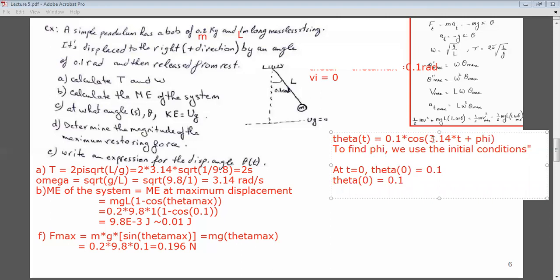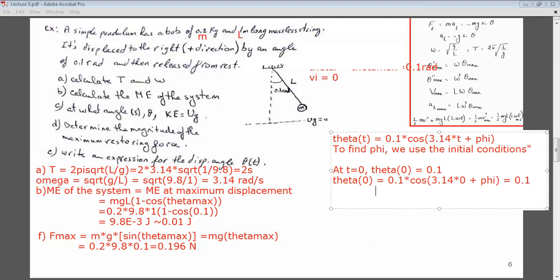I write this exactly as it is. It is 0.1 times cosine of 3.14 times t, but the t I'm using here is 0, because instead of t, I'm putting 0, plus phi, and this is equal from the question to be 0.1.